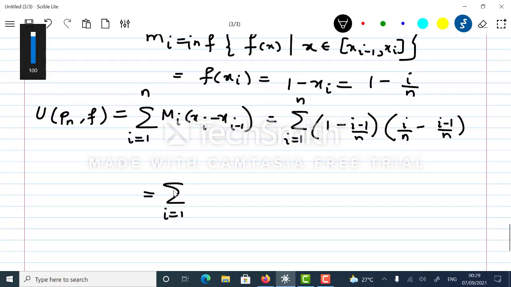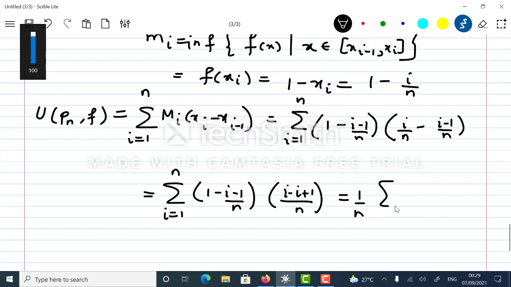Summation i goes from 1 to n, 1 minus i minus 1 upon n. This difference is basically i minus i minus 1, so it is 1 by n, so 1 by n will come outside straight away. So i goes from 1 to n, 1 minus i minus 1 upon n.